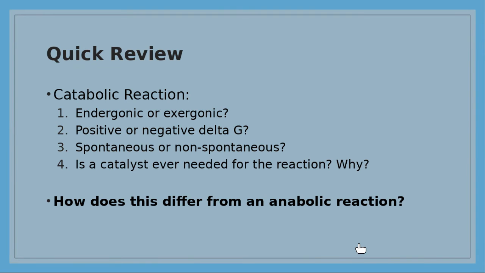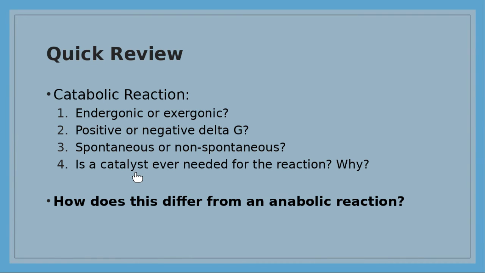So, okay, yeah. If we happen to have a speed bump, that is when we would need a catalyst because we have activation energy. And in order to overcome our activation energy, we would need a catalyst in that scenario. If we don't have an activation energy, then that's when we wouldn't need one.